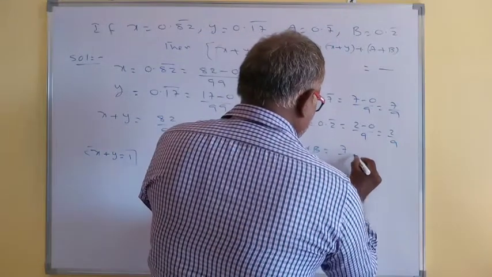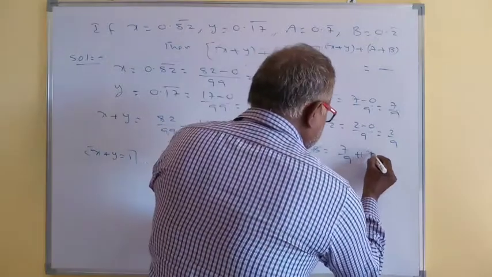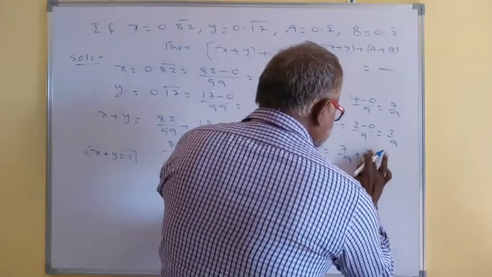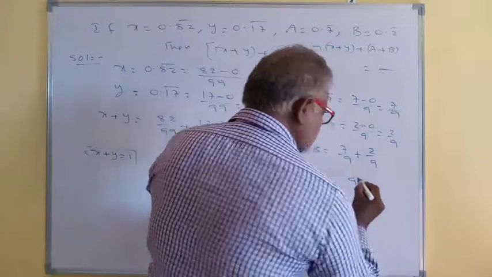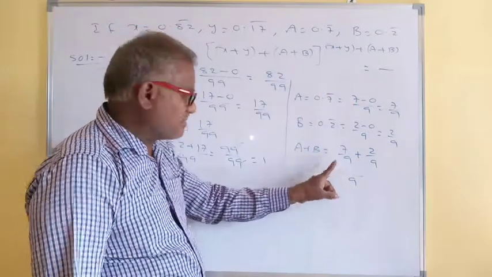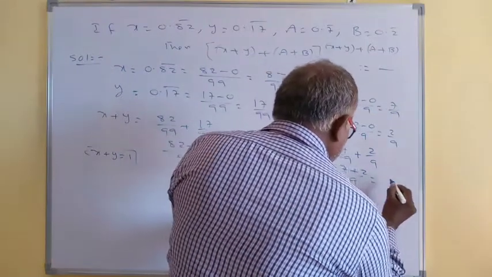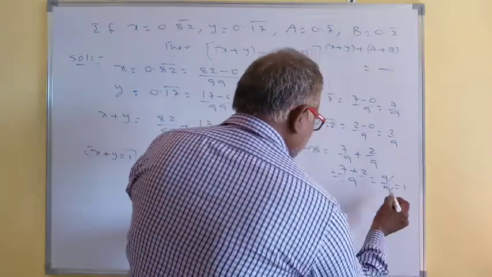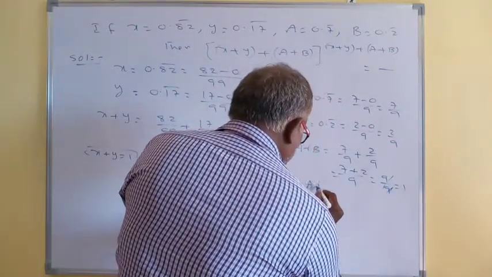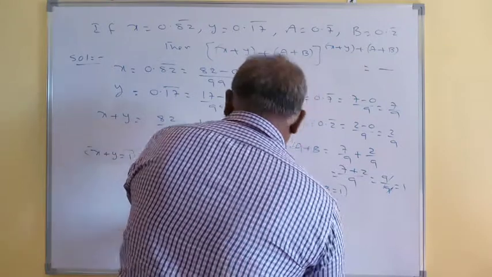That means 7 by 9 plus 2 by 9. What is LCM? 9 is the LCM. So 7 plus 2 gives us 9. 9 by 9 gives us 1. So a plus b also is 1.